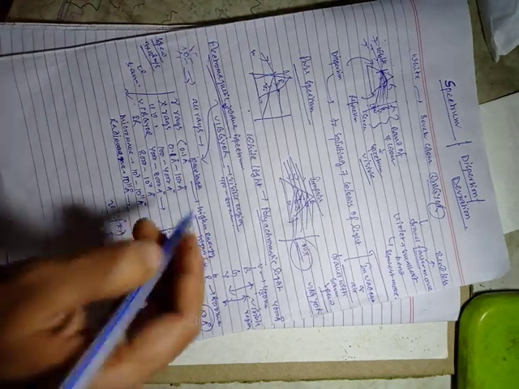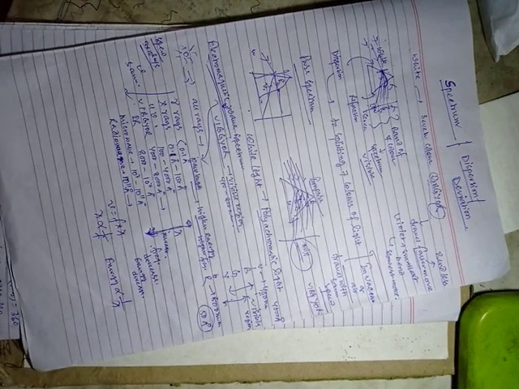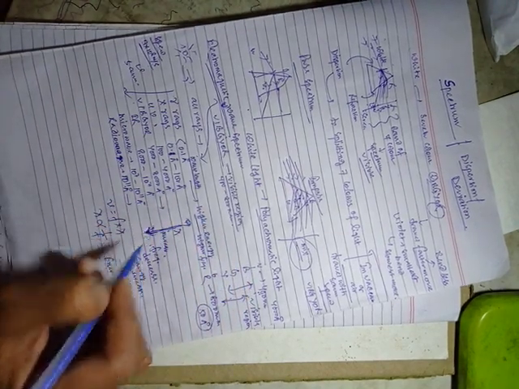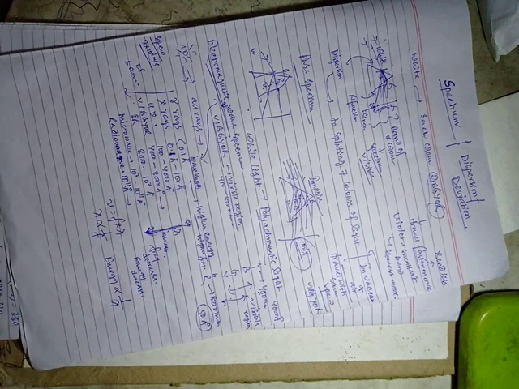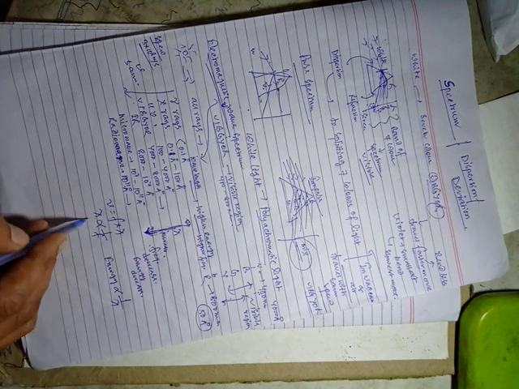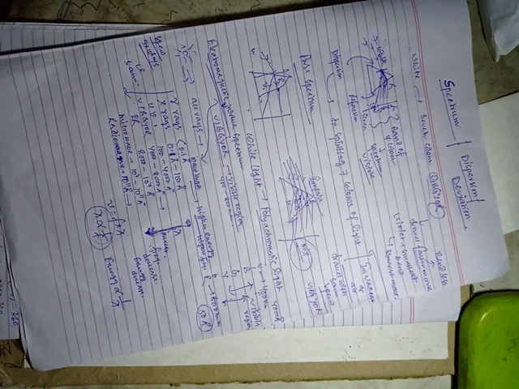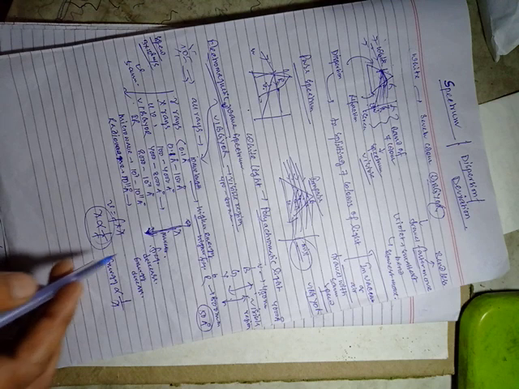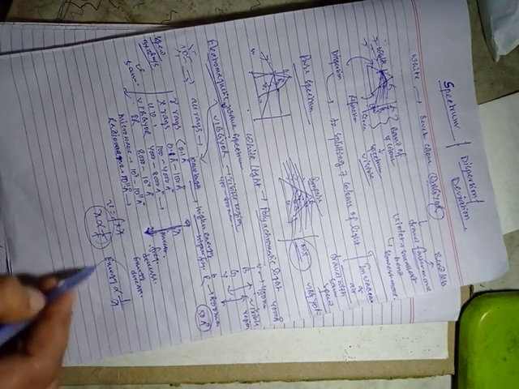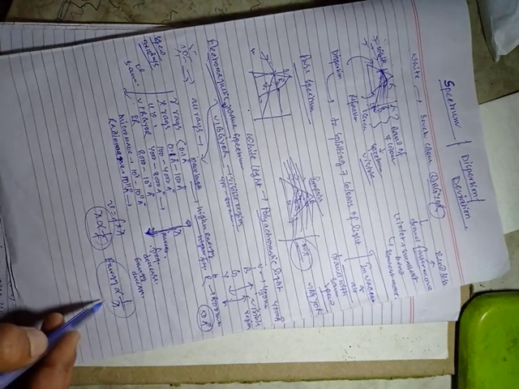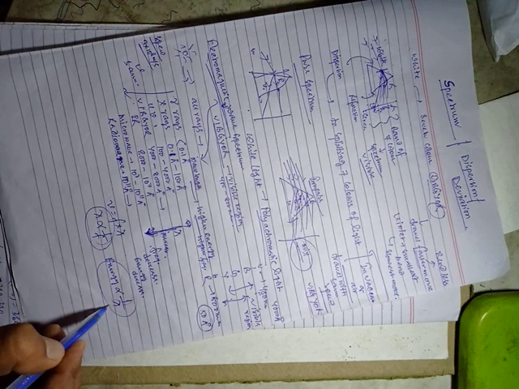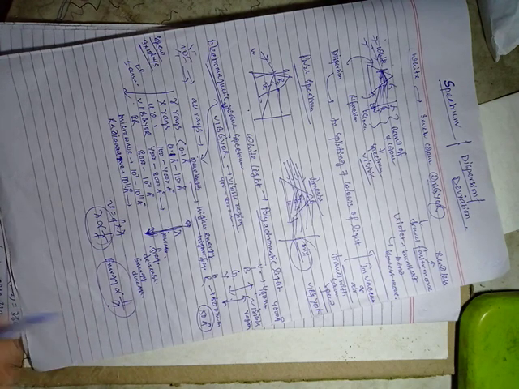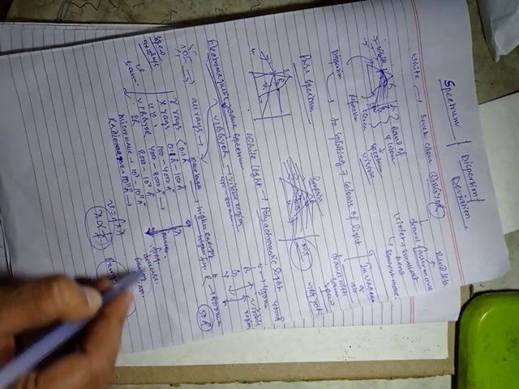You just remember one side, then the other you can easily understand. If we go downward, wavelength is increasing. Wavelength increasing means frequency decreasing, because wavelength and frequency are inversely proportional. Energy is also inversely proportional to wavelength.